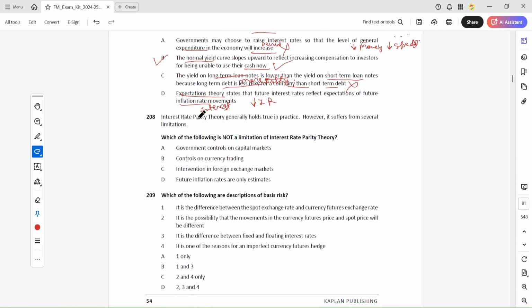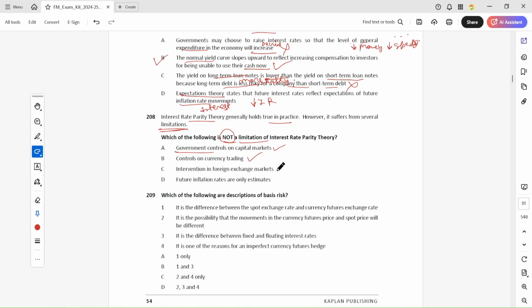Interest rate parity theory generally holds true in practice. However, it suffers several limitations. Which one of the following is not a limitation of interest rate parity theory? Government control of interest rate: yes, this is one of the limitations. Controls on currency trading: yes, because there is control on currency trading as well.